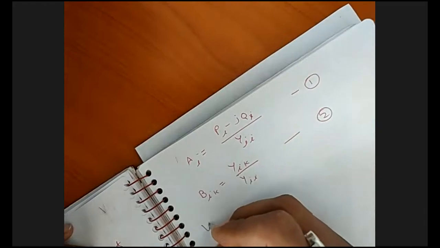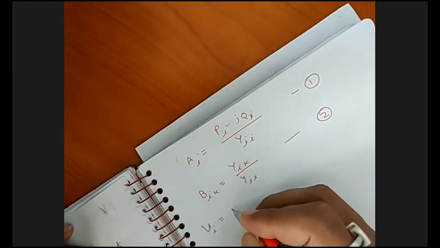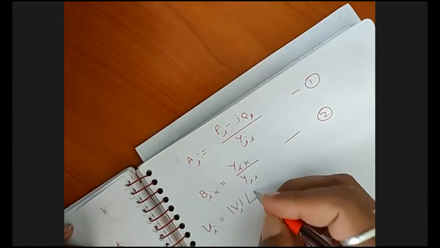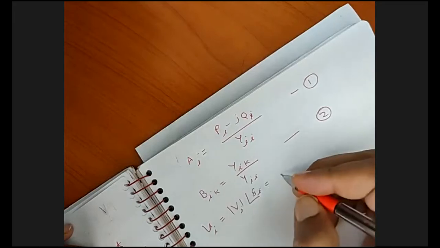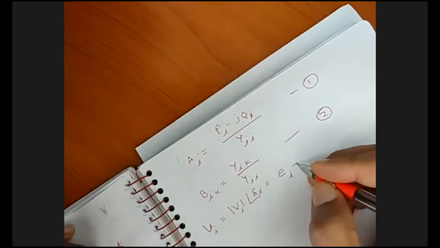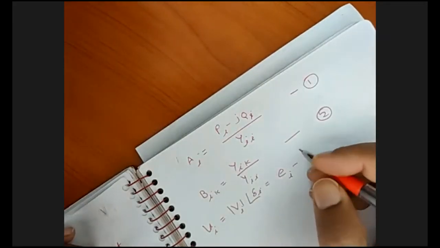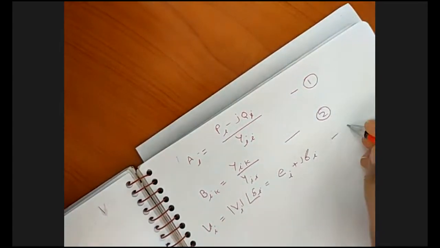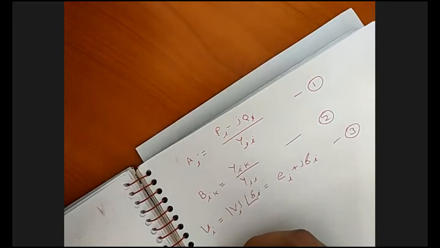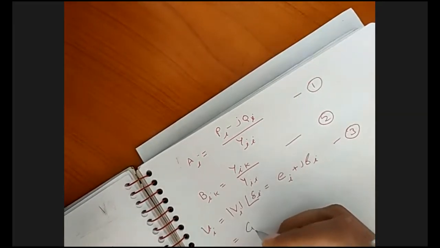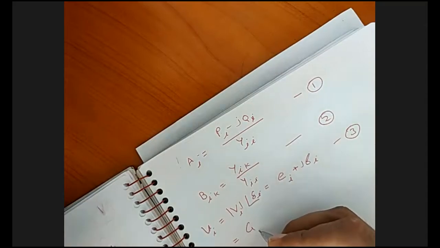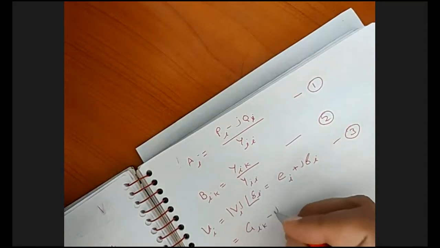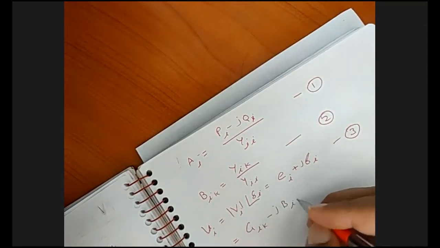Then Vi equal to magnitude of Vi angle delta i, or it is Ei plus jFi. That is your third formula. And Yik is Gik minus jBik.